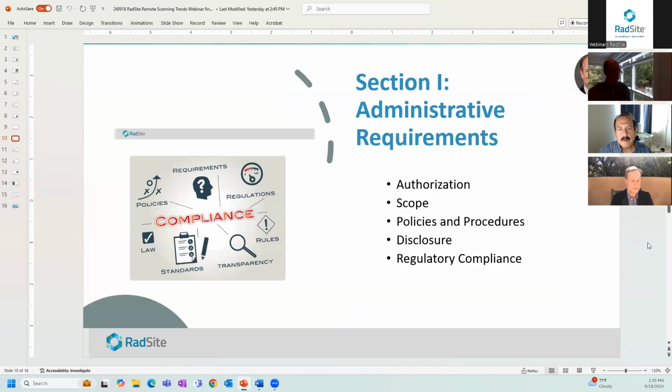So, Garry, you believe that there will be many more accreditation applications for MRI remote scanning rather than CT, from the trends you're seeing in current practice. Is that correct? Well, for now, one of the impetuses to get MRI remote scanning going was the MRI tech shortage, which was severe in many jurisdictions. One factor we have to consider for CT is that you're talking about ionizing radiation.